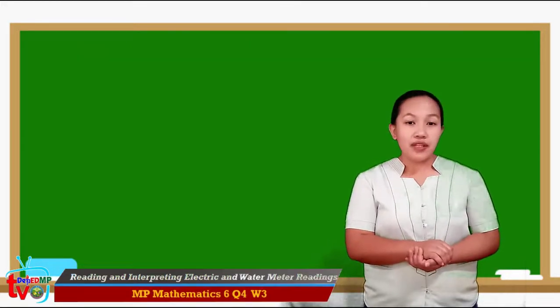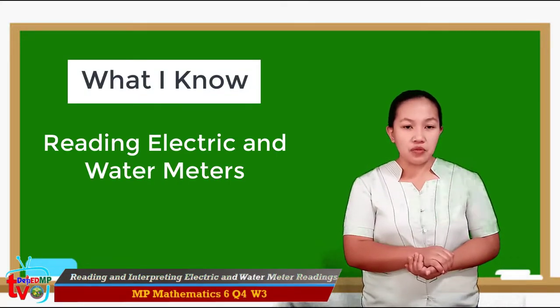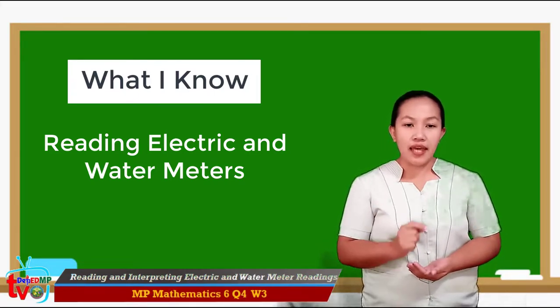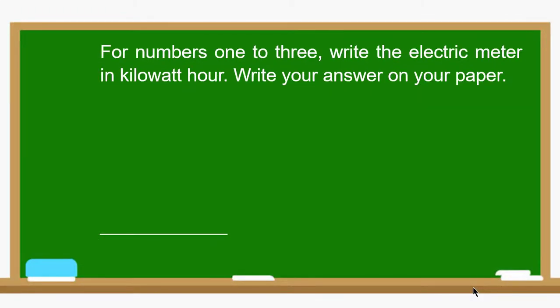To start with our lesson, try to answer the items below to gauge how much you already know about reading electric and water meters. For numbers 1 to 3, write the electric meter reading in kilowatt-hour.